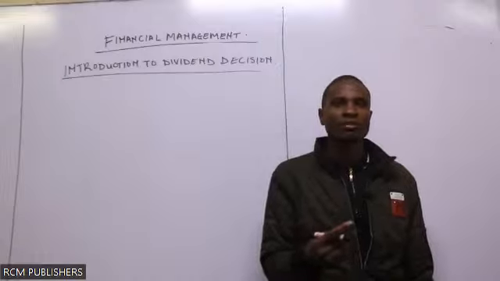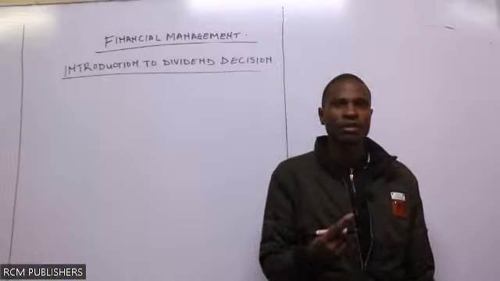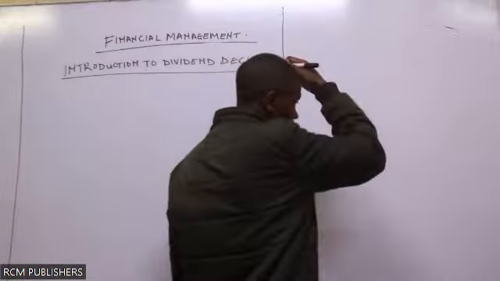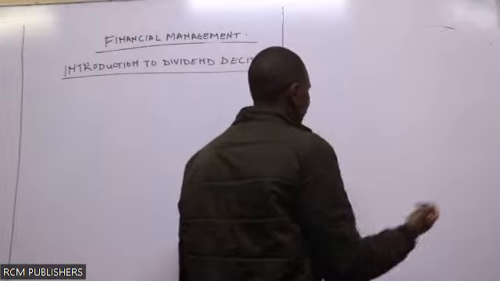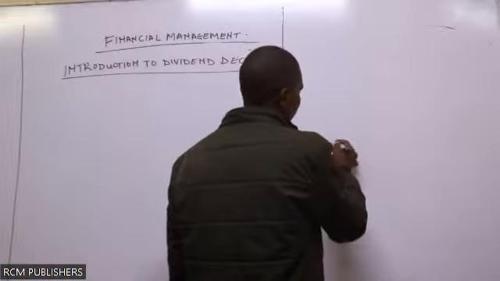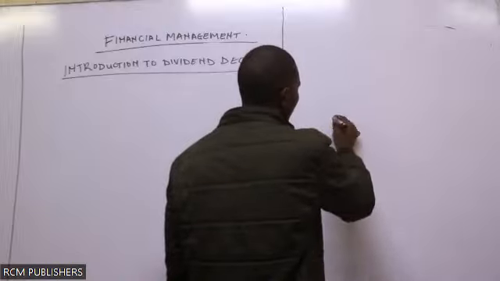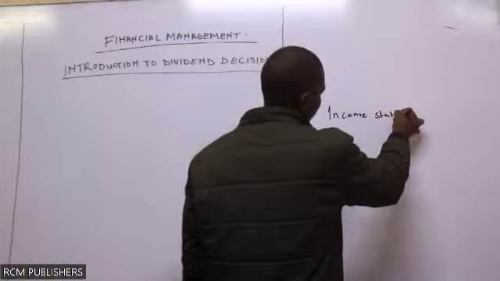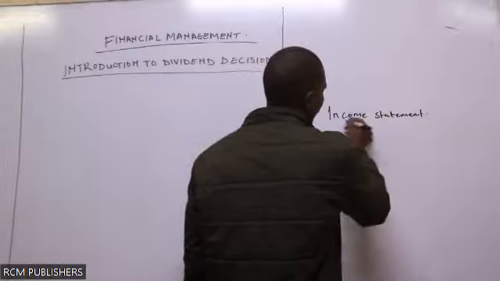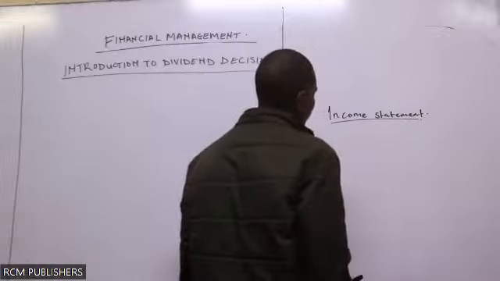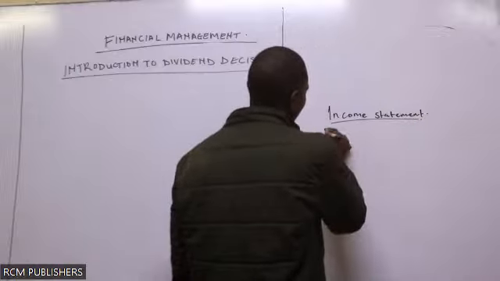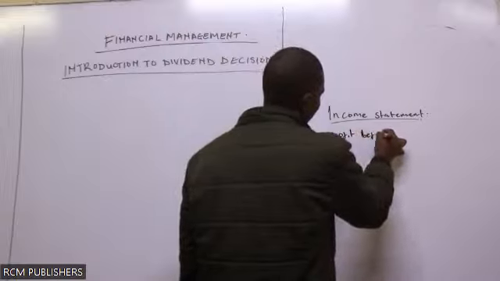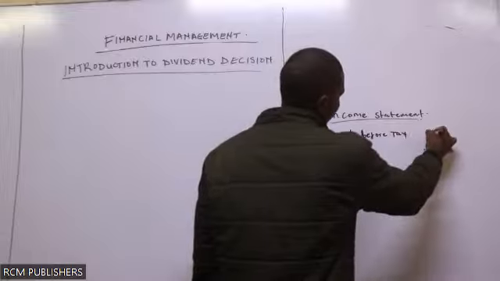So if there is a company, a group, a society or a SACCO, they have prepared their income statements. Here we usually have profit before tax.